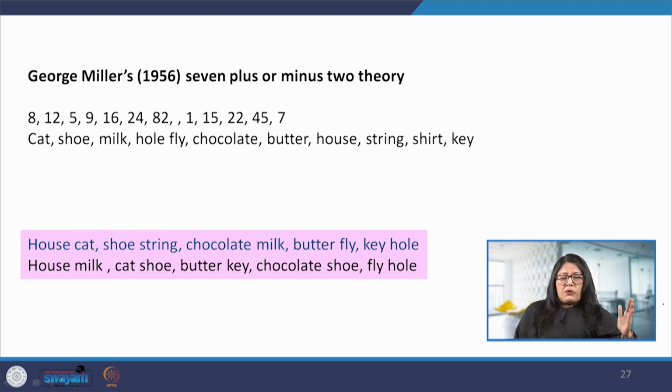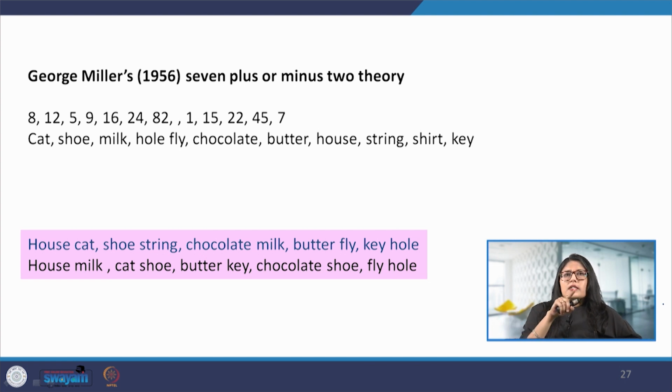So this is the range between 5 to 9 we can store in our memory, and this chunk refers to numbers, words, letters. For example, here on the screen we can see 8, 12, 5, 9. If I give you some time to memorize, just to look at this, and I close this slide, maybe one will retain between 5 to 9 numbers.